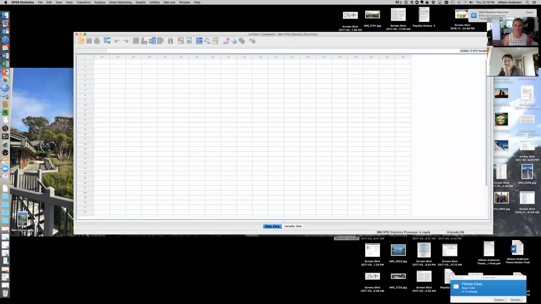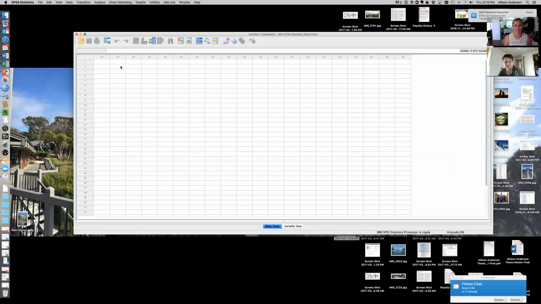Okay, so you've got two views. I've just opened it up and it's completely blank. There's nothing in it. This is your fresh start and you're thinking, holy moly, how am I going to do this? There are lots of ways to do it, but I'll explain the navigation first. We have both data view down here, it's lit up blue, so this is data view. Each line is one entry.